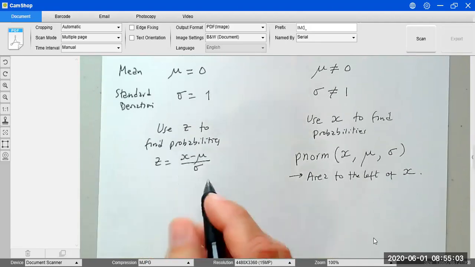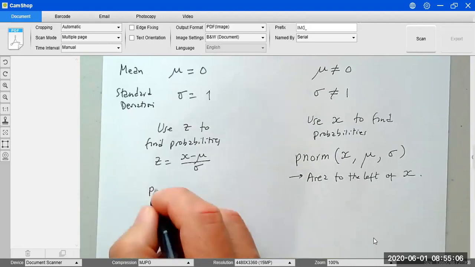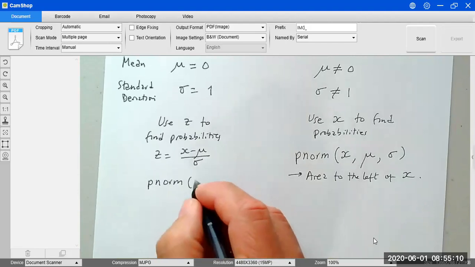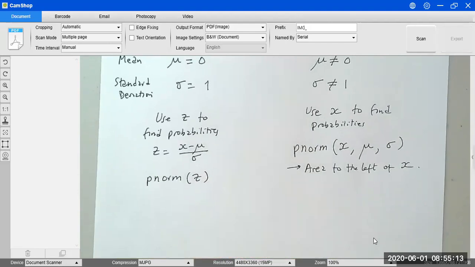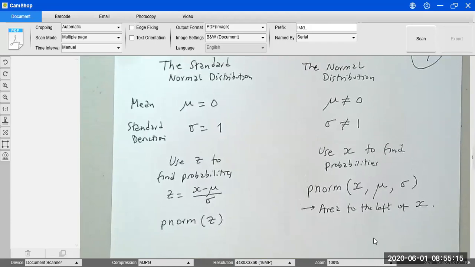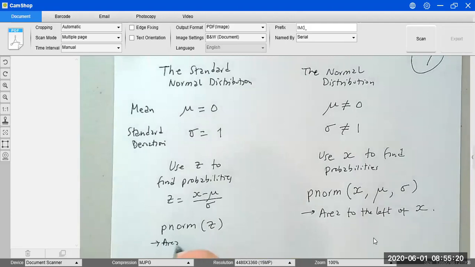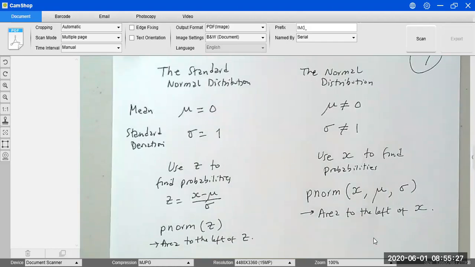So the way that you're going to find the probabilities is you're going to use pnorm and just the z-score. So this is very, very easy to work with. With pnorm of z, you're going to get the area to the left of the z-score that you found.